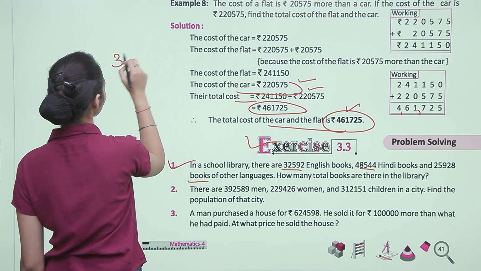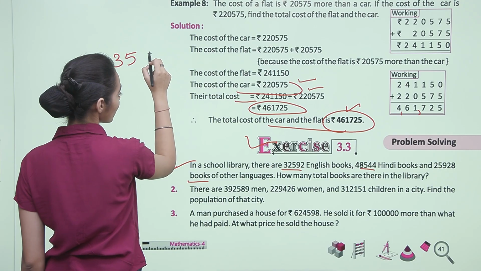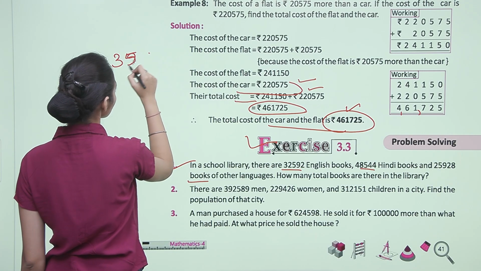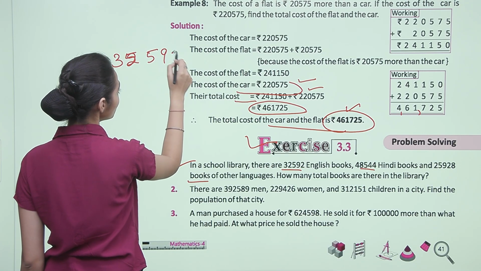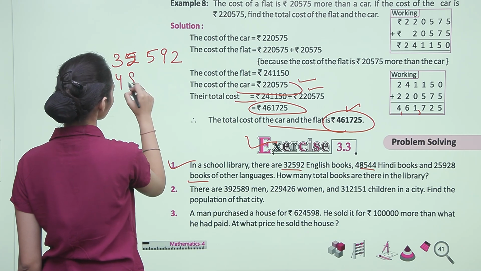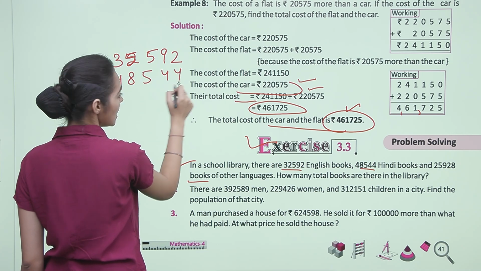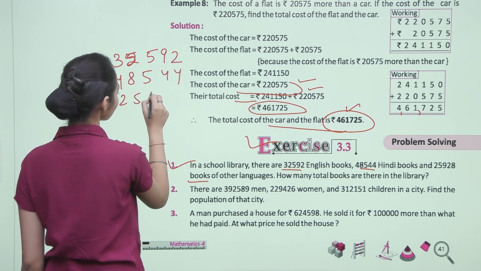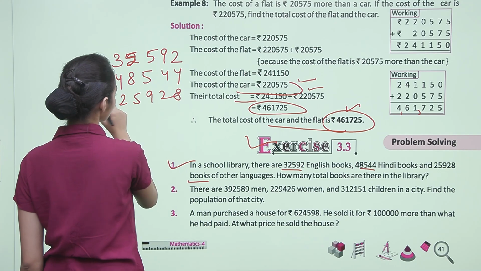So firstly, we will arrange them in the place value column, that is 35,000, 32,592. After that, we have 48,544. After that, we have 25,928.